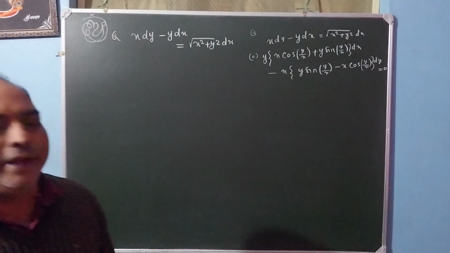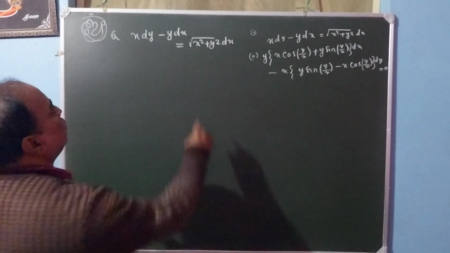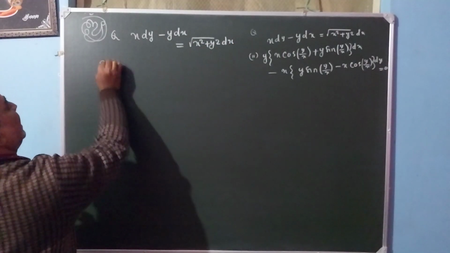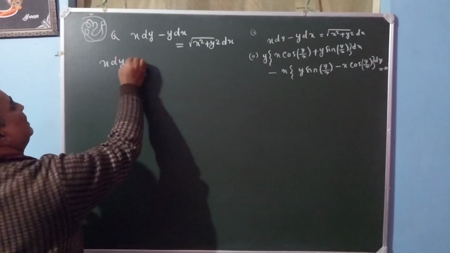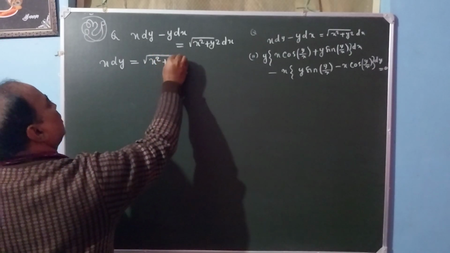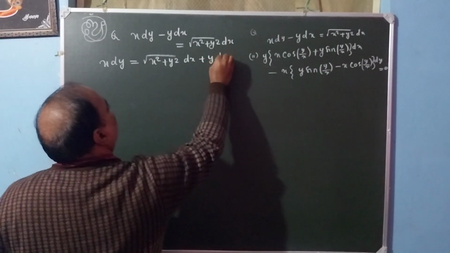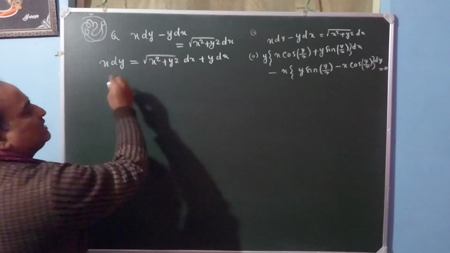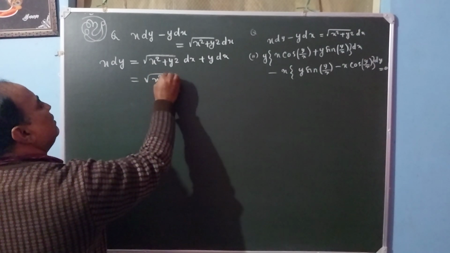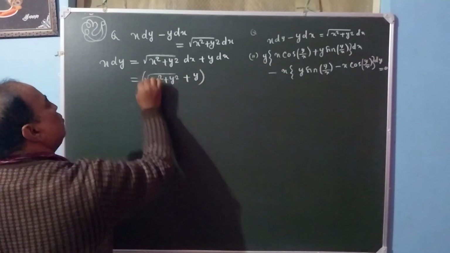First of all, you have to bring this into a homogeneous differential equation form. How? The dx term will go to that side. x dy is equal to root over of x square plus y square dx plus y dx. Taking dx common, we get root over of x square plus y square plus y, whole into dx.